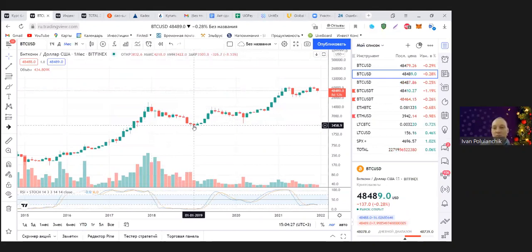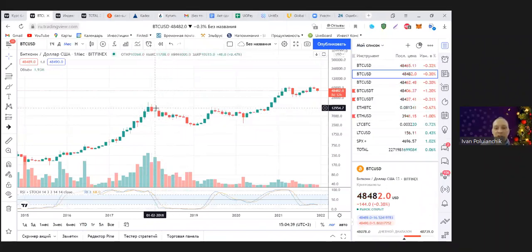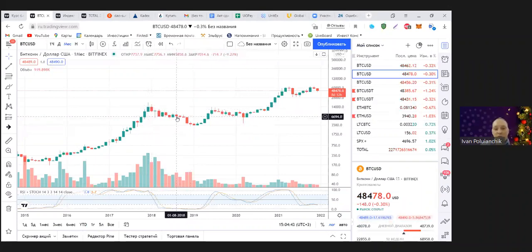Cryptocurrency market and Bitcoin was on the fall for 2 years, 2018, 2019. And out of all the months, you see, you had only 3 green candlesticks. The rest of them were red, which means that for more than a year, Bitcoin was going down and down.